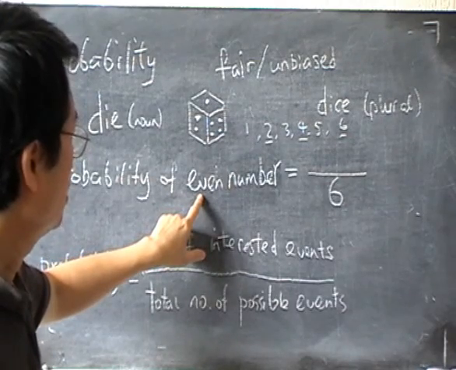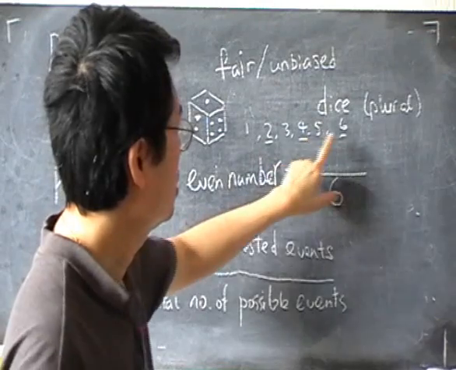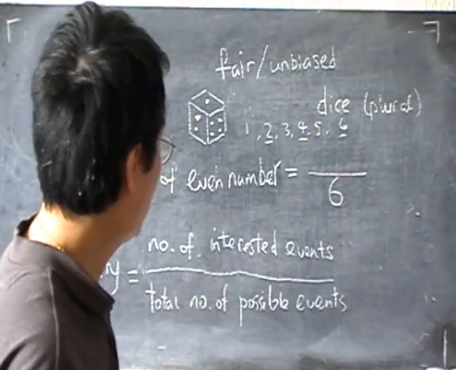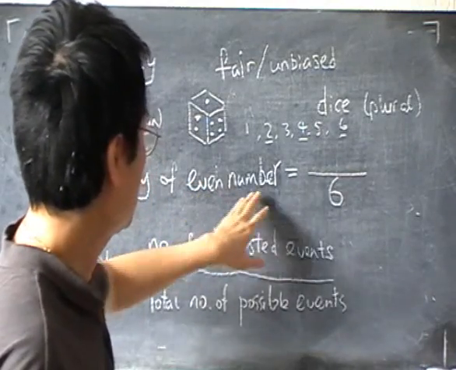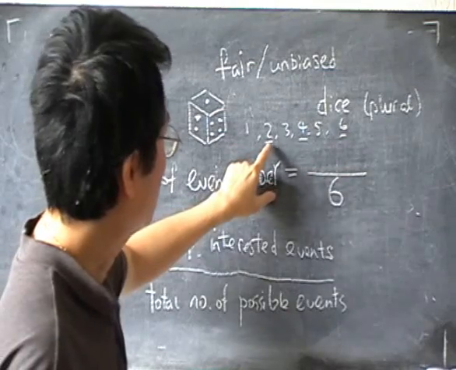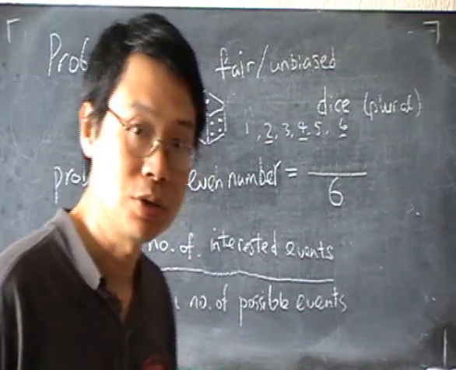Because there are now 3 even numbers. So that's the number of interested events, because I am interested in the number of even numbers, and there are 3 of them. So there are 3 events that I'm interested in.